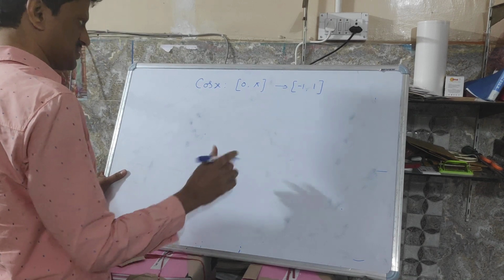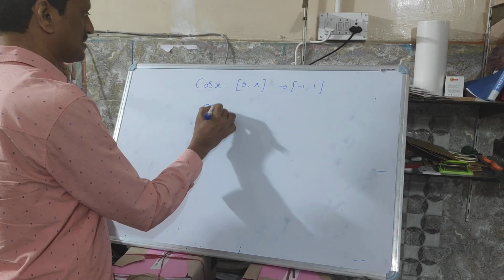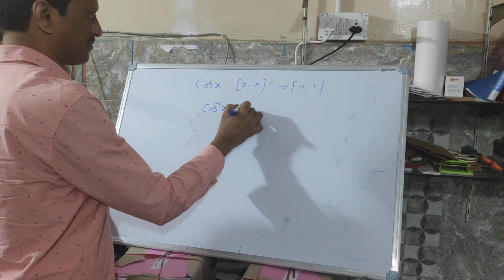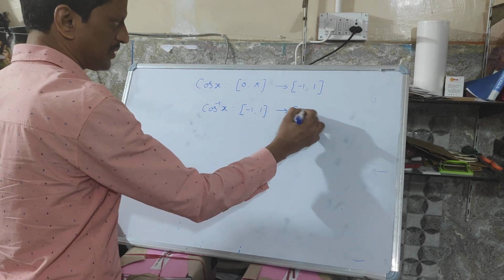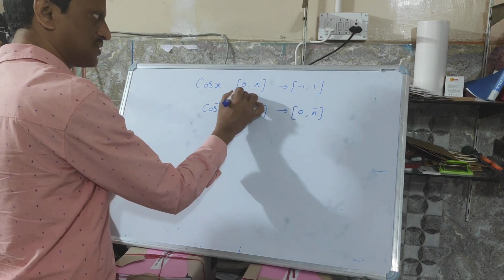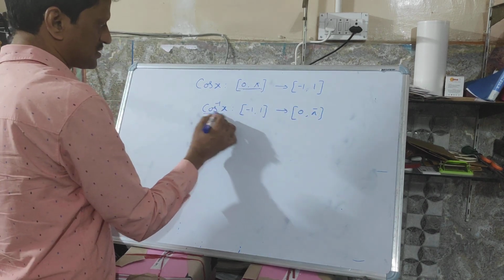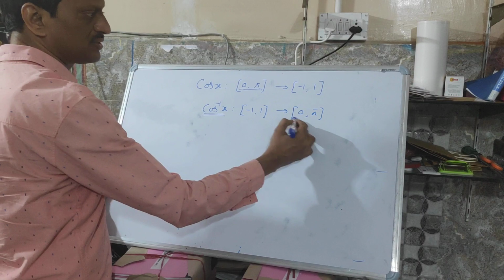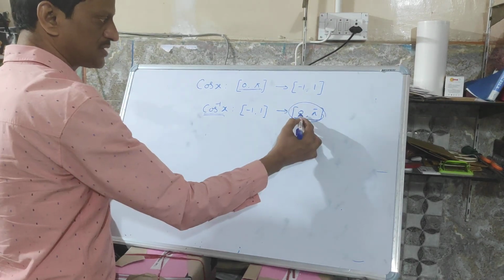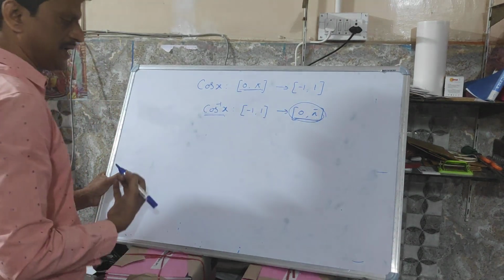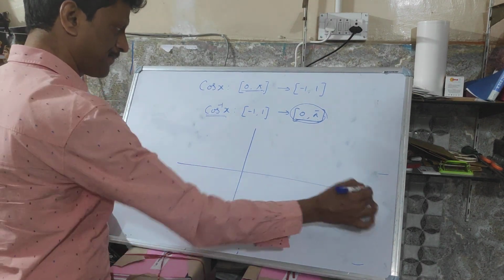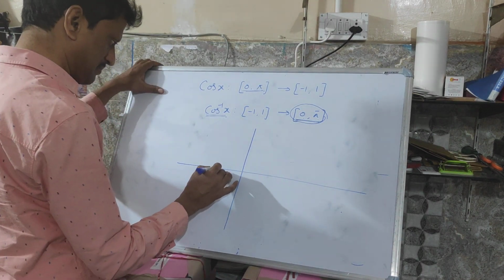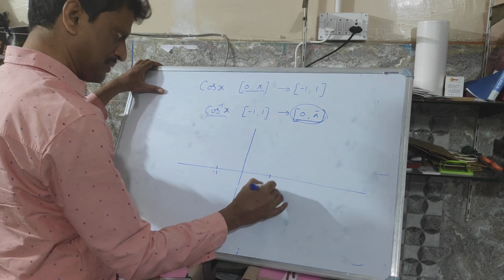So cos inverse x goes from the closed interval -1 to 1 to the closed interval 0 to pi. So for this restricted domain you get its respective inverse branch with this corresponding principal range, the closed interval 0 to pi. Now I am plotting its graph. Say the closed interval -1 to +1.